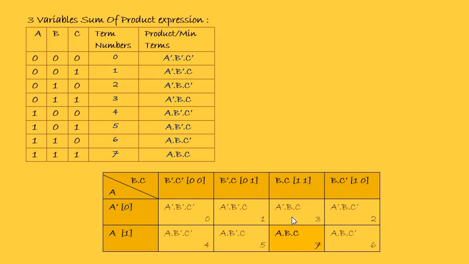So A bar and C are remaining common. Similarly, if you look into term number 2 and term number 3, you will see B is staying B, A bar is staying A bar, but C is changing values from C also, C bar also, which means that only C is changing state. So in any two adjacent cells, you will find only one variable is changing state.